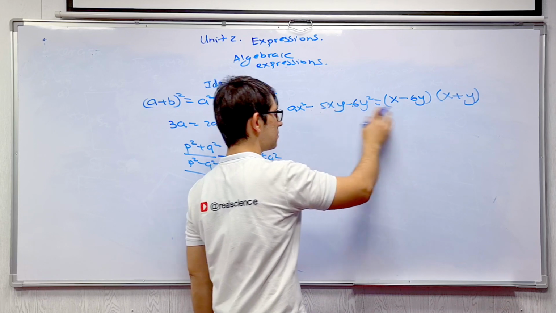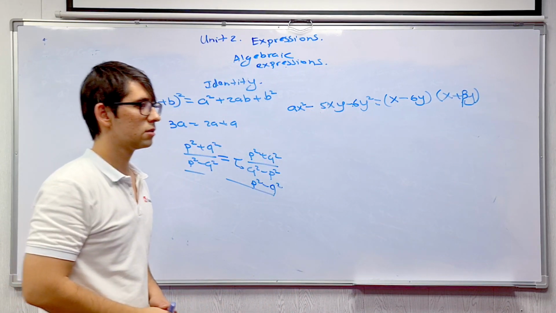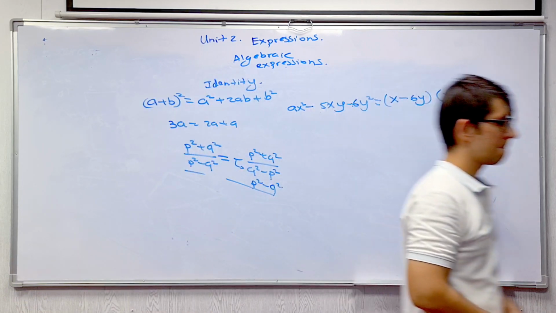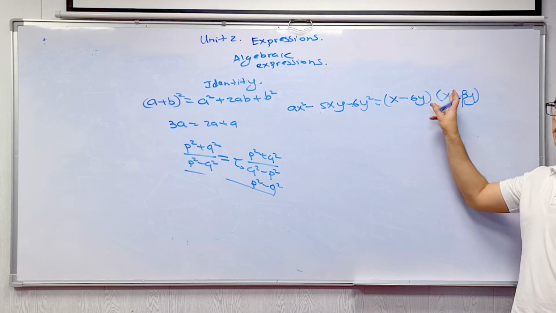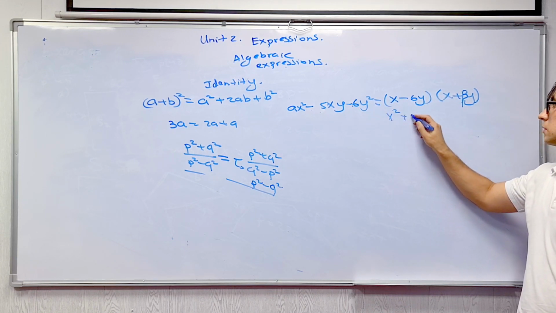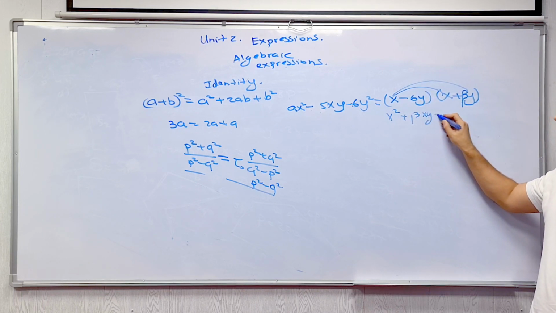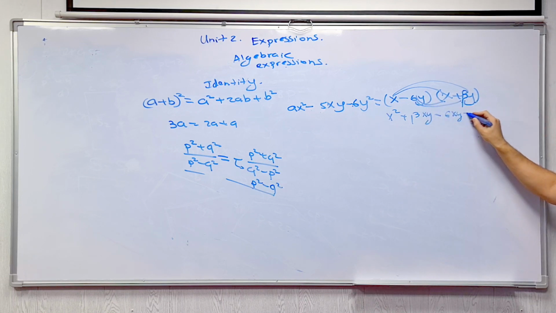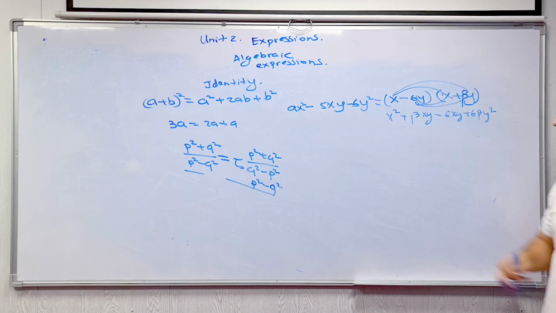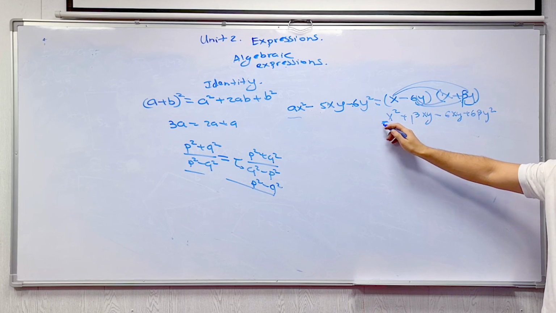If I'm saying here you're having beta, what will your beta be? So you just open the brackets, right? X squared plus beta xy, beta xy minus here 6xy and the last one plus 6 beta y squared, right? And look at the coefficients here. A equals to 1. They are equivalent.